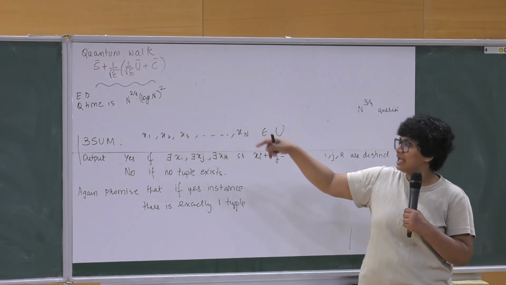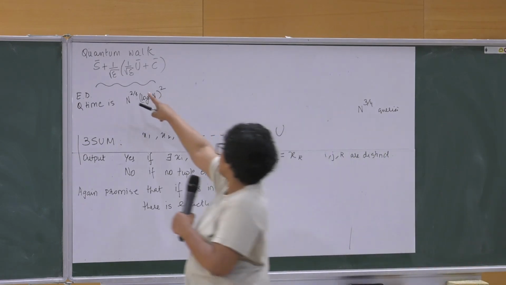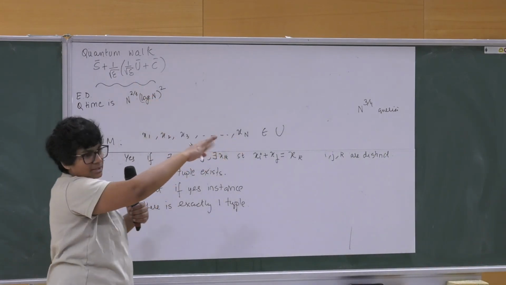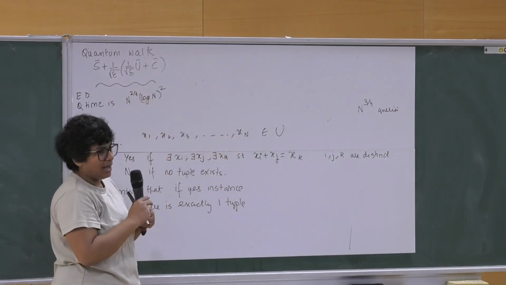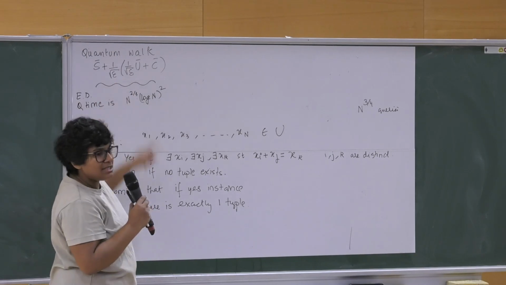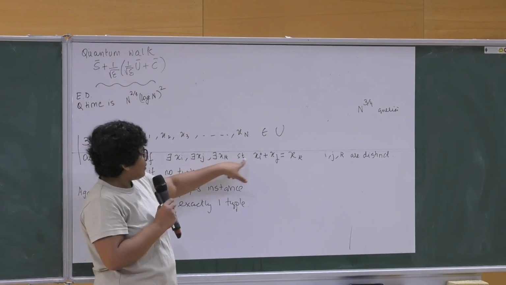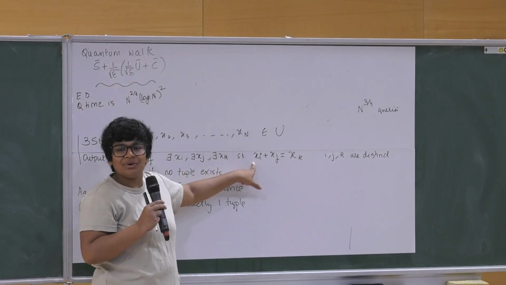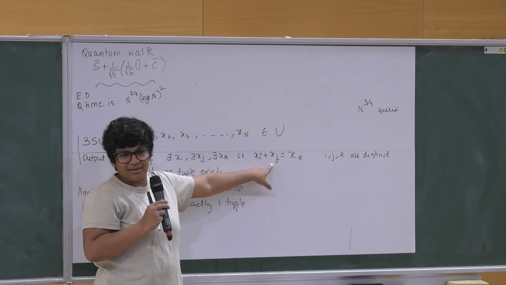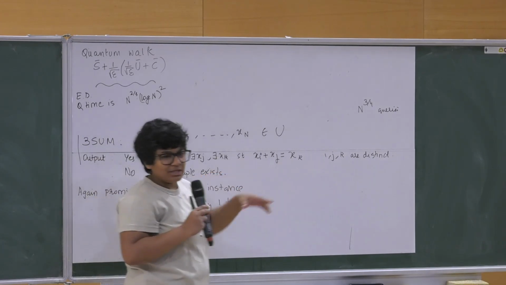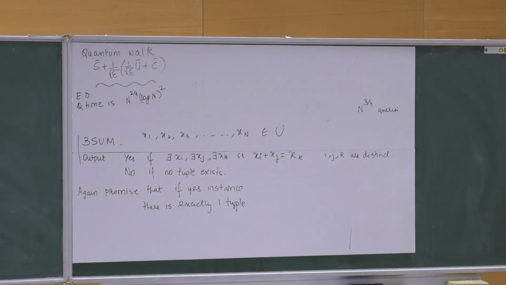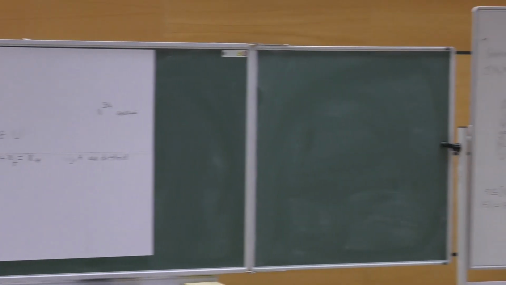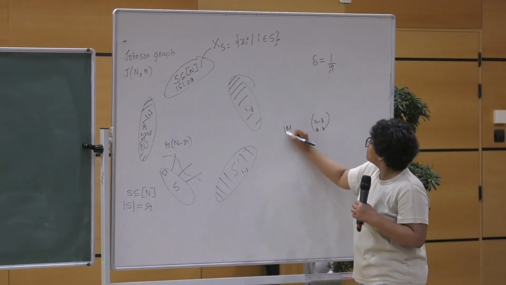Your delta will still remain the same, in terms of R it will still be 1/R, but your epsilon will change, because now the marked elements need to have all 3 elements in them. So the number of marked elements here becomes (n-3 choose R-3) instead of (n-2 choose R-2). So your m will become this.